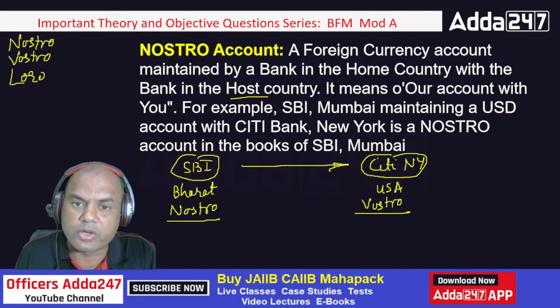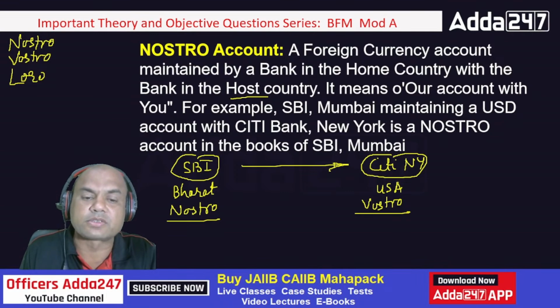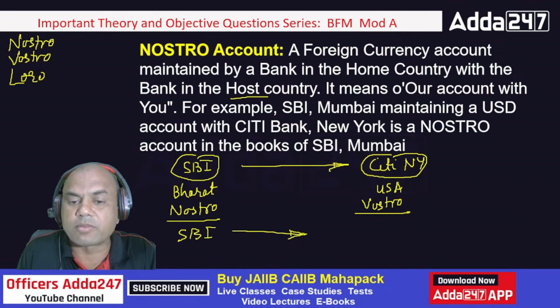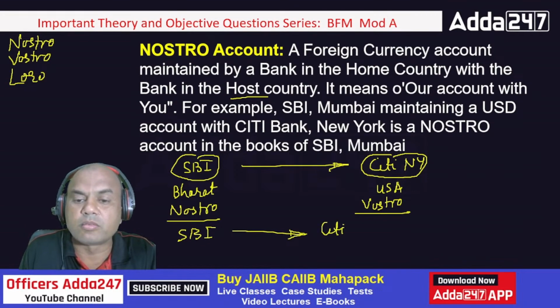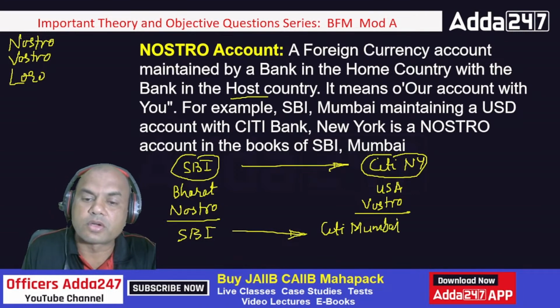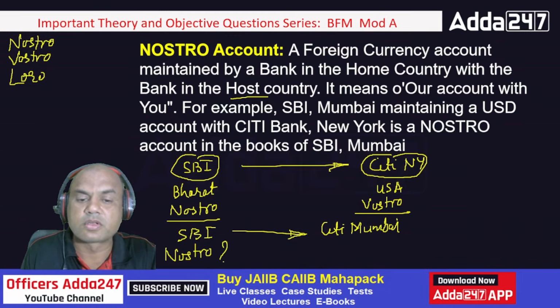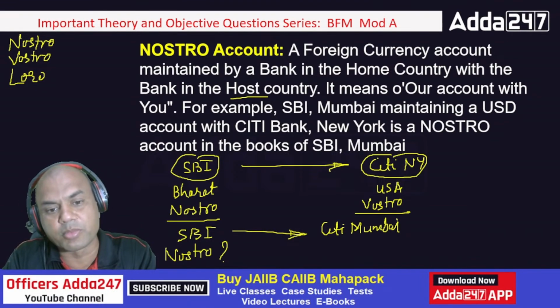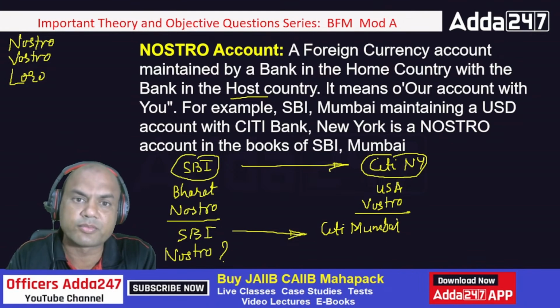Now an important point over here. If tomorrow I ask you a question: if SBI maintains an account with Citibank Mumbai, is it called a Nostro account? Everyone, will it be called a Nostro account?